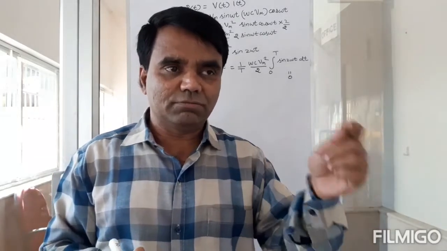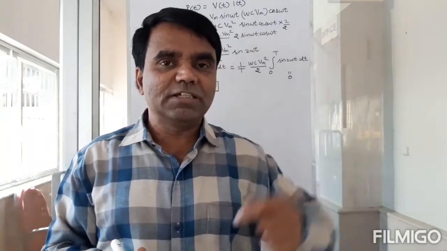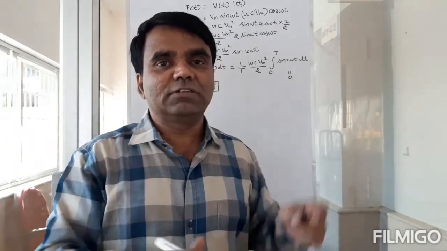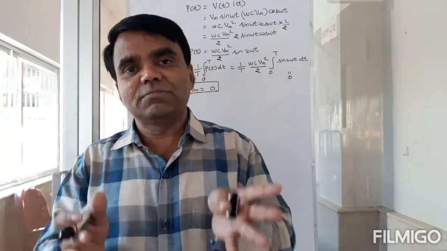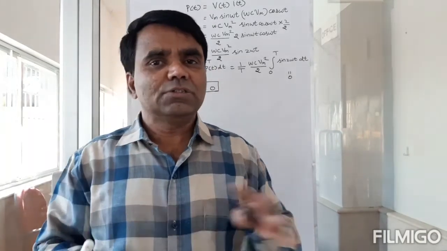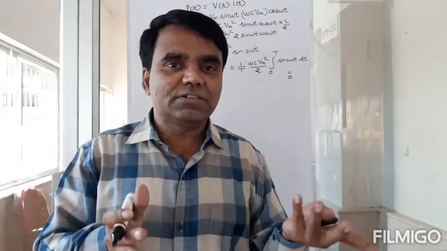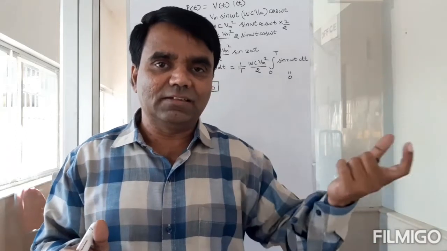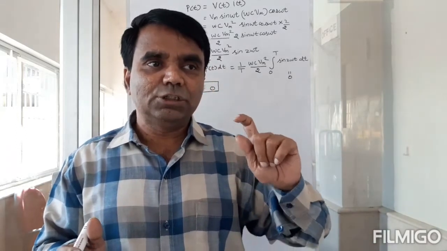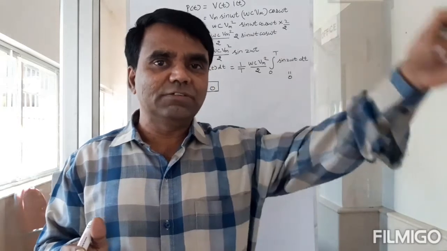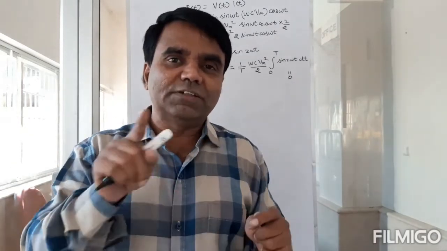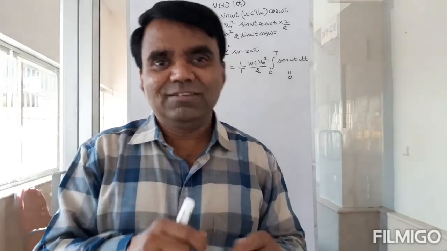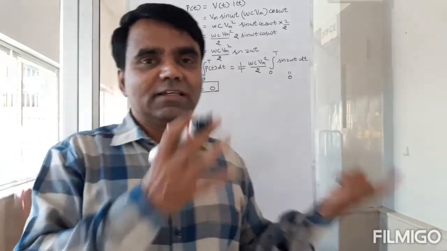So your father gives that money to your neighbor, and then he gives the money back to your father tomorrow morning. He needs it urgently now, and then he gives it back tomorrow morning. So the net money transaction is 0. So reactance is like your neighbor to whom your father gives money. Resistance is like you, to whom your father gives money, but that never comes back. So power is like that.